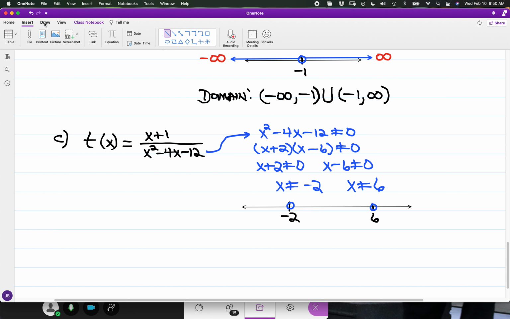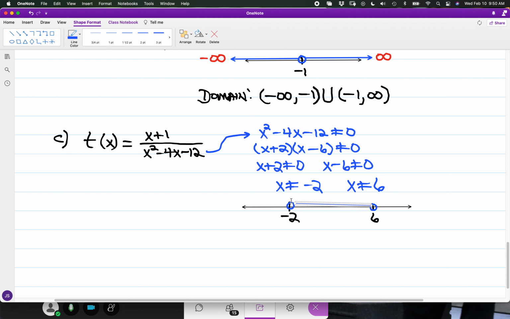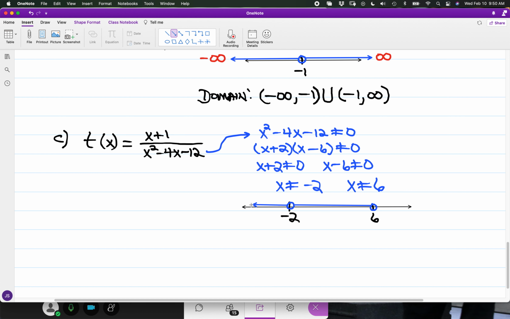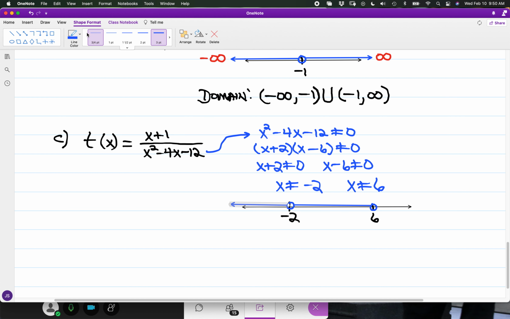And as for what is included in the domain, we have those values between but not including negative 2 and 6. And at the extreme opposite ends, we have those values of x less than negative 2, as well as those values of x greater than 6.